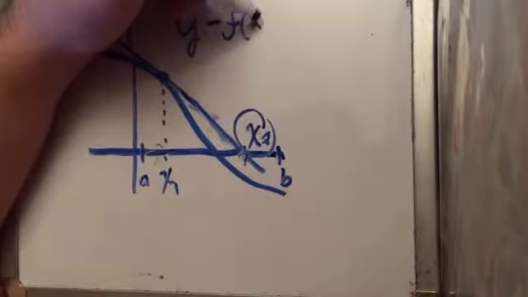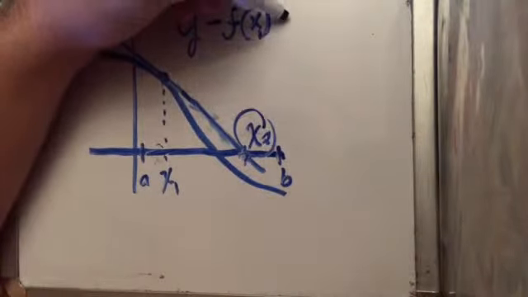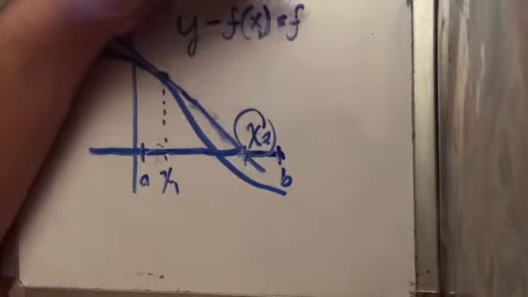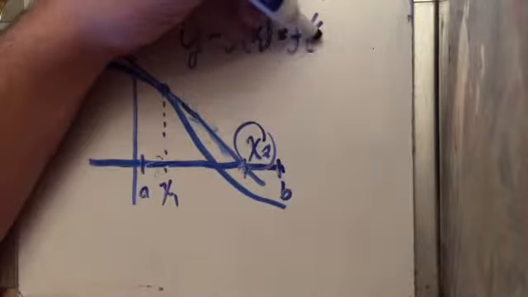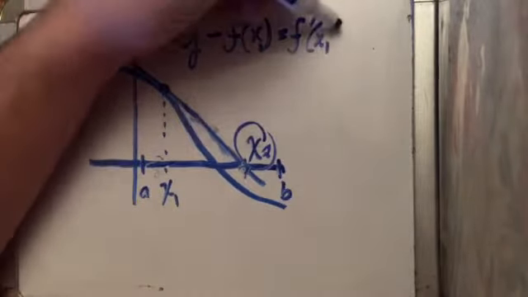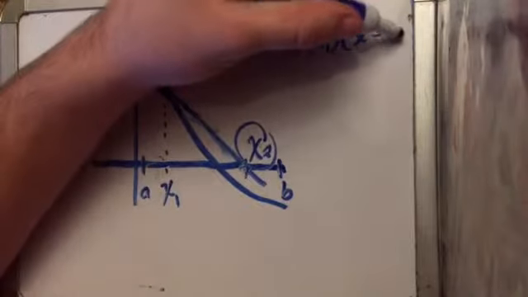So the point-slope form of the tangent equation: y minus f of x1 equals f prime of x1 times x minus x1.